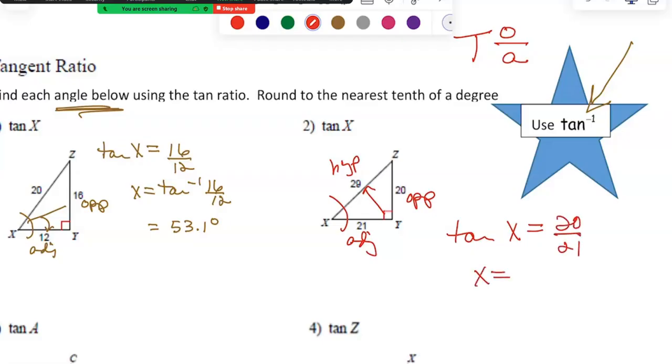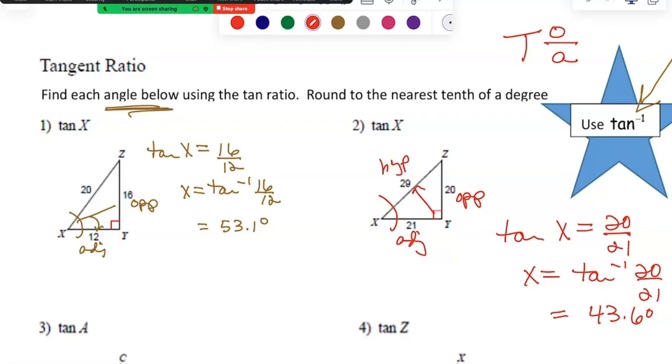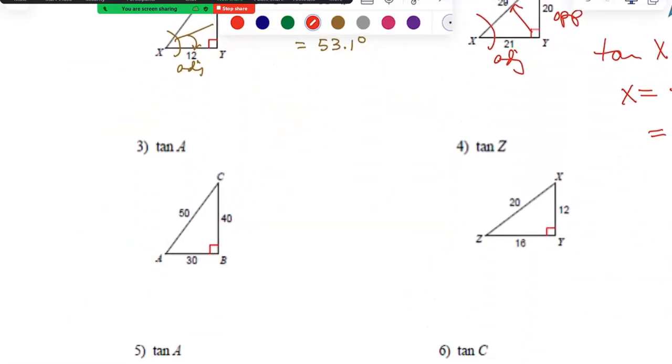So angle X itself, you've got to use inverse trig to get my angles, and angle X should be 43.6 degrees. Okay, and you can stop the video and go back, okay? There's no need to go at the pace at which I am going.